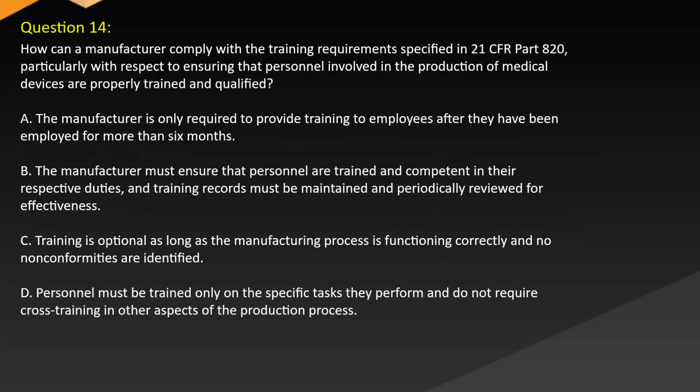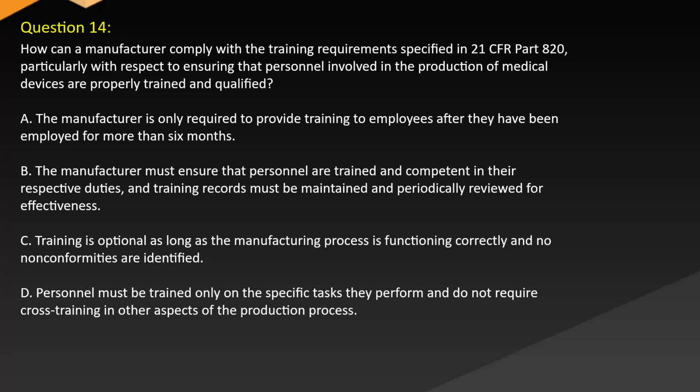Question 14. How can a manufacturer comply with the training requirements specified in 21 CFR Part 820, particularly with respect to ensuring that personnel involved in the production of medical devices are properly trained and qualified? A. The manufacturer is only required to provide training to employees after they have been employed for more than 6 months.